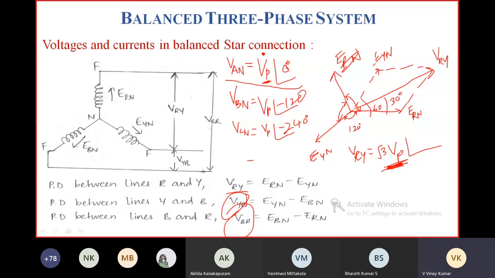VAN is VP at an angle 0 degrees, so you can take VAB.